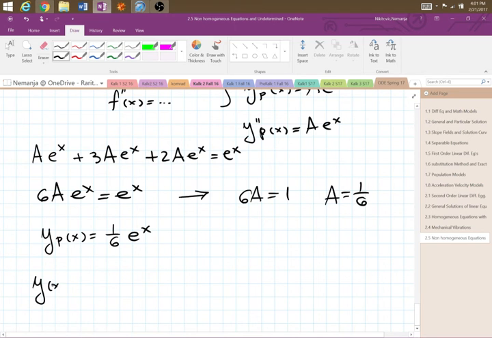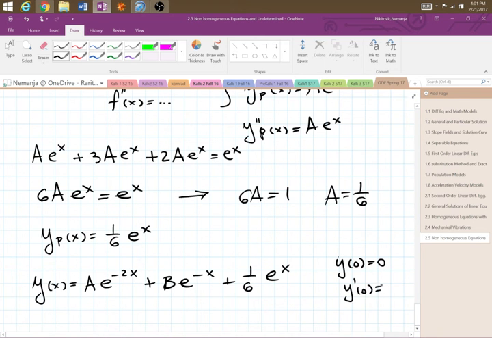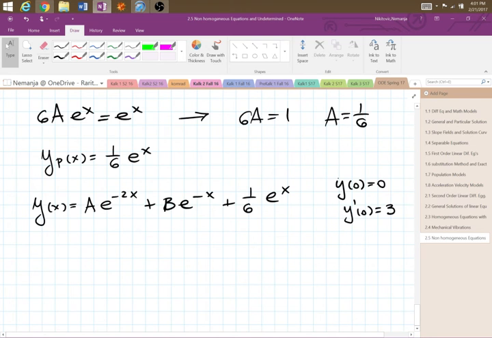So now y of x, general solution, is going to be a e to the -2x plus b e to the -x plus 1 over 6 e to the x. And now we have our two initial conditions. Y of 0 is 0, and y prime of 0 was something, 3. In order for us to solve this, we have to plug in these values everywhere.